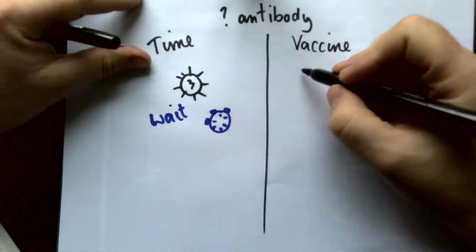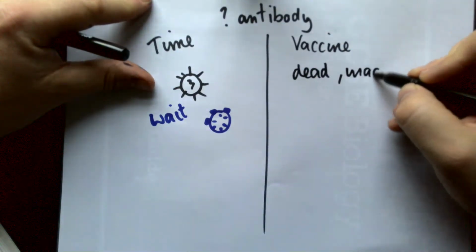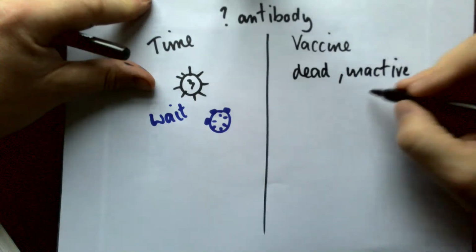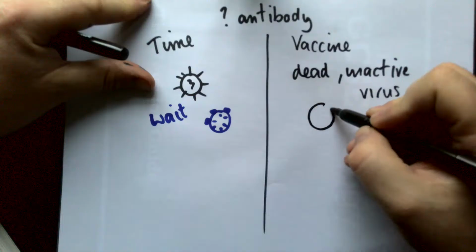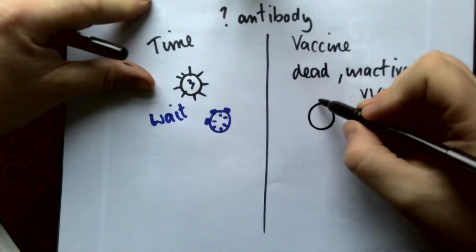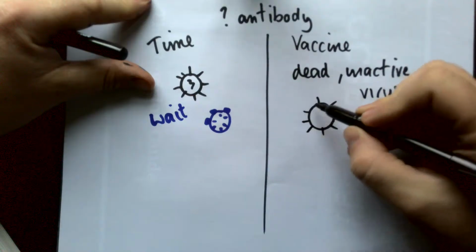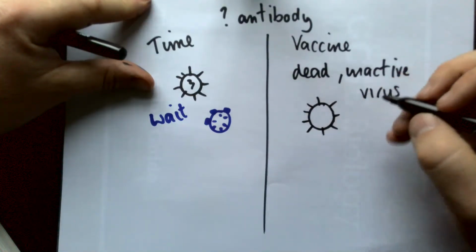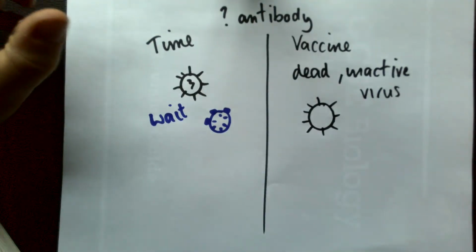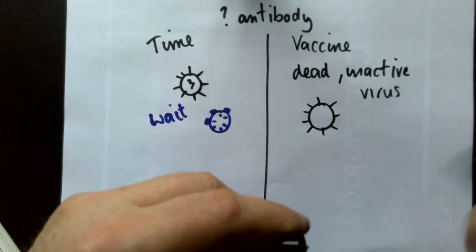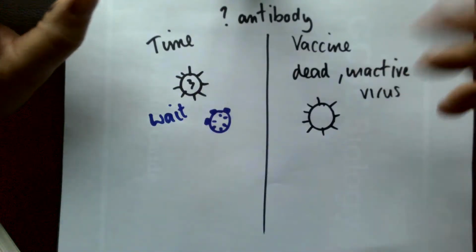It is a dead or inactive virus. In other words, it could be just the shell and the spikes. And this is dead. It's empty. There's nothing in there that's going to hijack a cell or make the person sick.